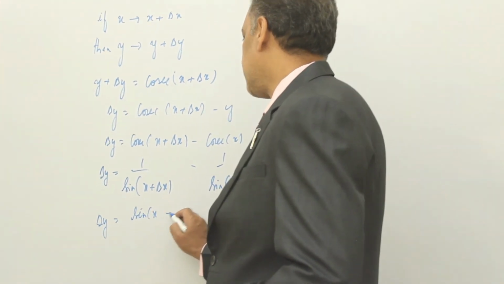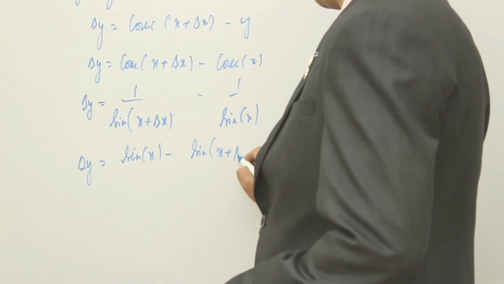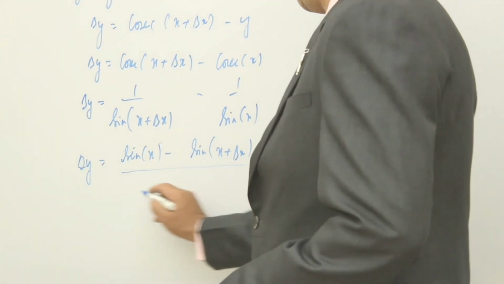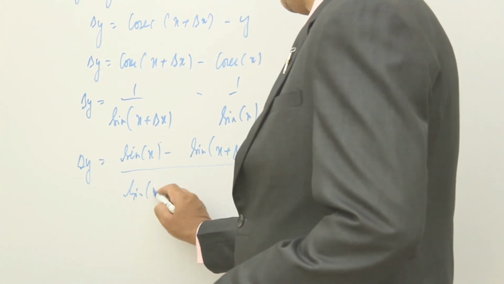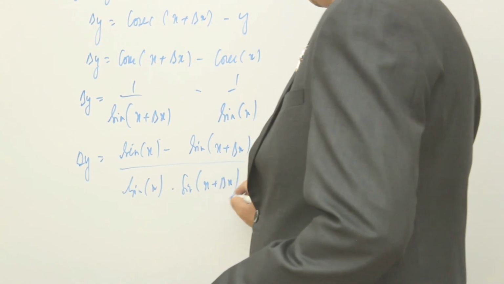sine x minus sine of x plus delta x, whole divided by sine x into sine of x plus delta x.